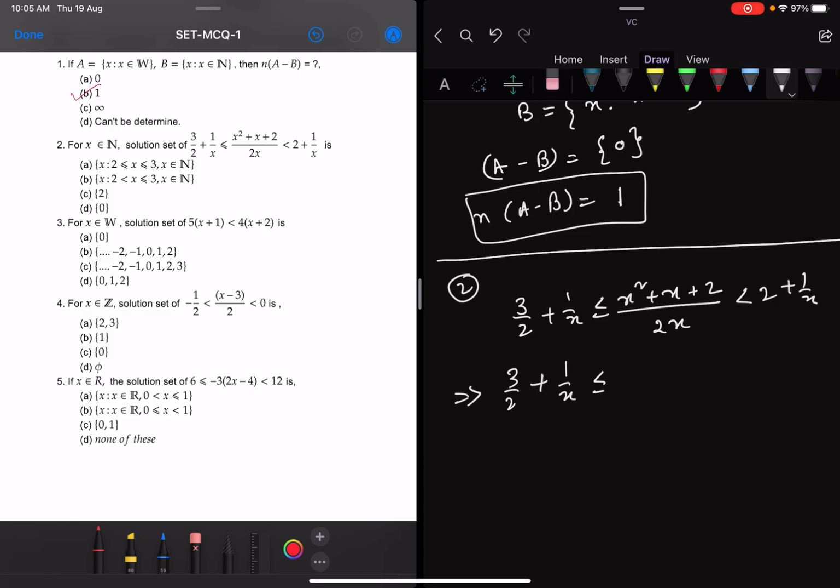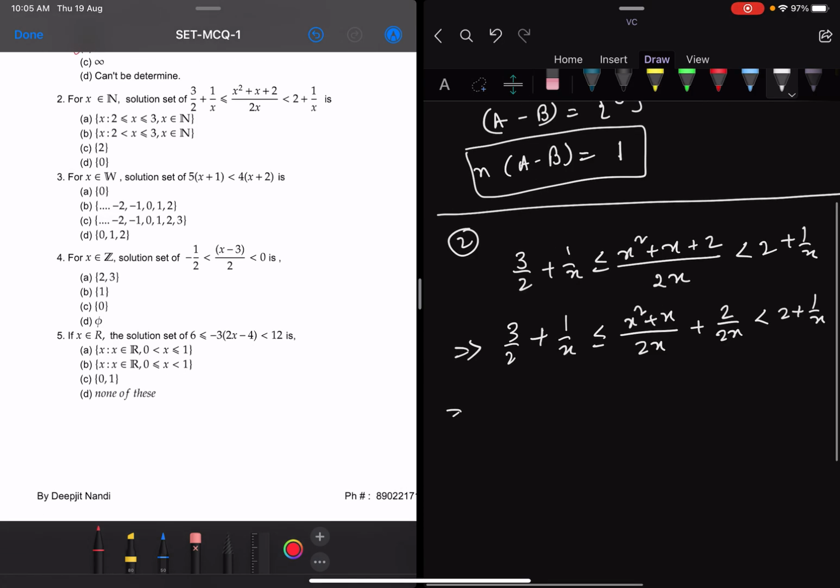That means x square plus x divided by 2x plus 2 by 2x, less than 2 plus 1 by x, and this is 3 by 2 plus 1 by x less than or equal to.